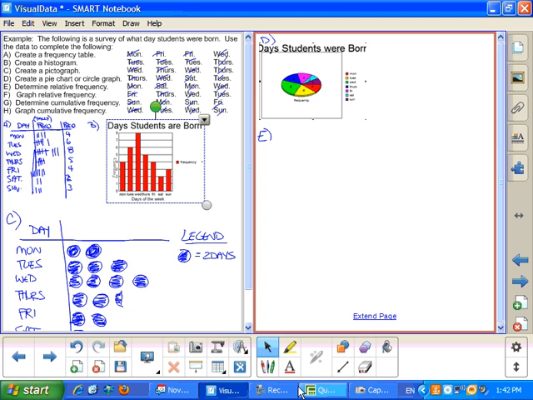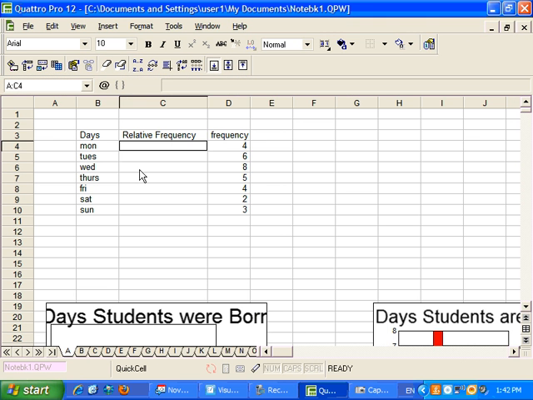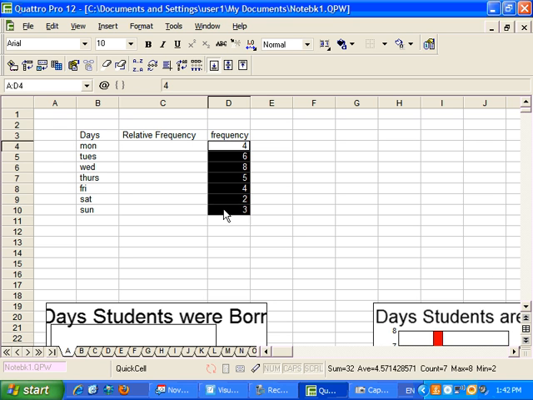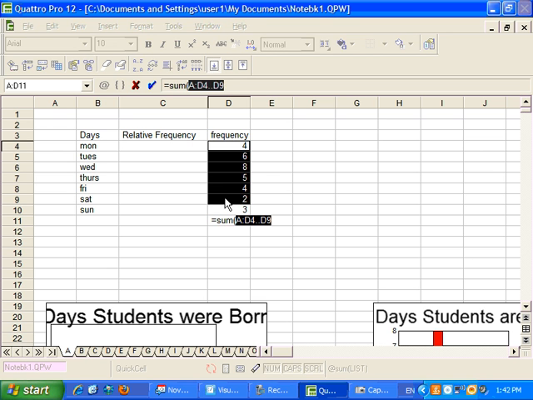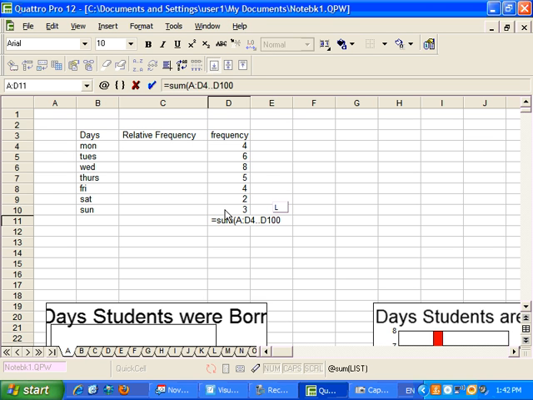So what it's saying is, what percentage does each one represent? So using my spreadsheet, I'm going to find the sum. I want to know how many students were surveyed in this class. So I go equals sum, bracket, and I want the sum of this column, bracket. No, I don't really want it going all the way down to 100. There we go. So we have 32 students in the class.